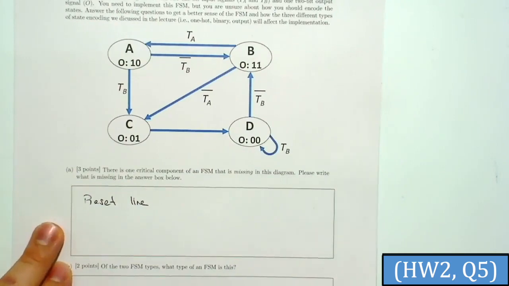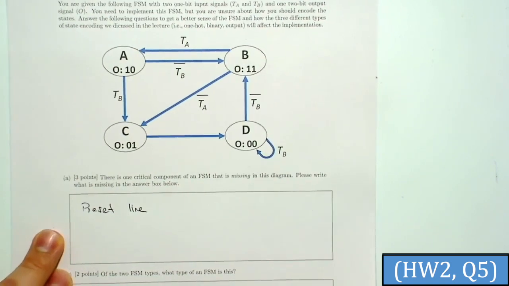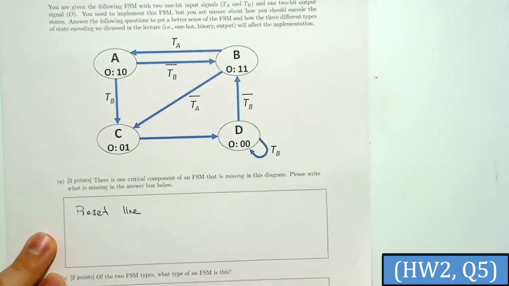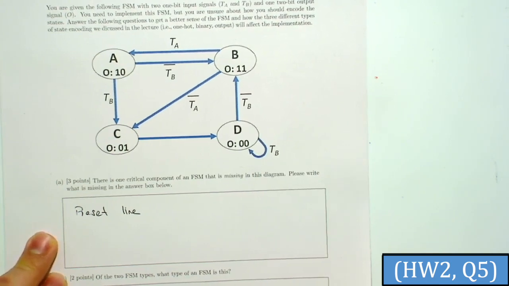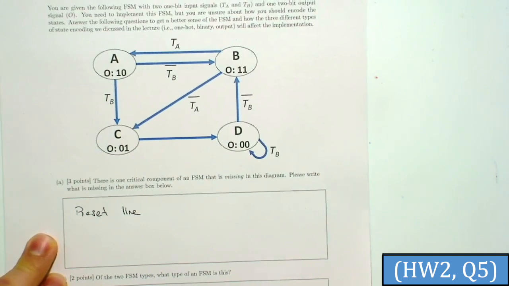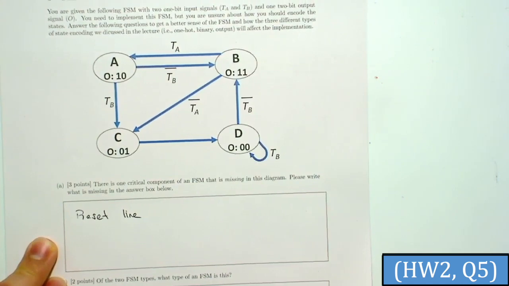I'm actually not sure about this, but does it say the same thing in the slides as well? I don't know what it says in the slides, but in the book it says it has optionally a reset signal. Okay. So should we comply with that, Juan? If the book says it is optional to have the reset line, do you think this is a missing component as well, a critical component?